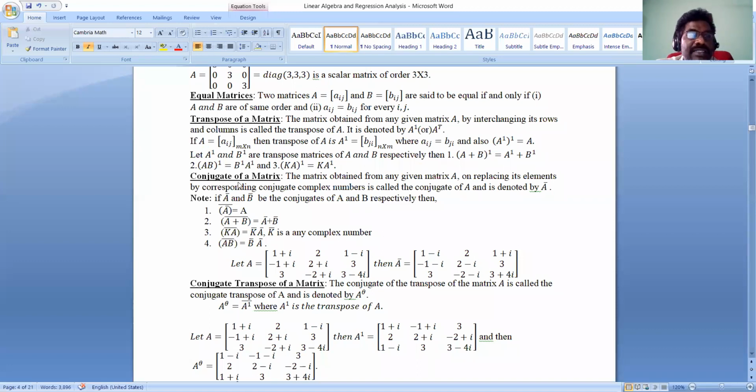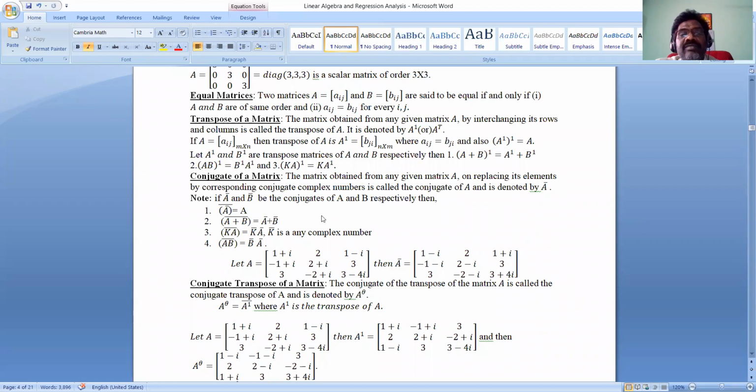Conjugate of a matrix is for complex matrices. If the elements of a matrix are replaced by their complex conjugates, for example, if x plus iy is a complex number, the conjugate of that value is x minus iy.